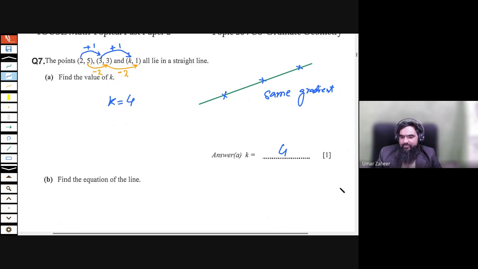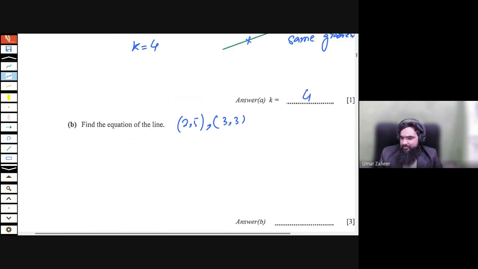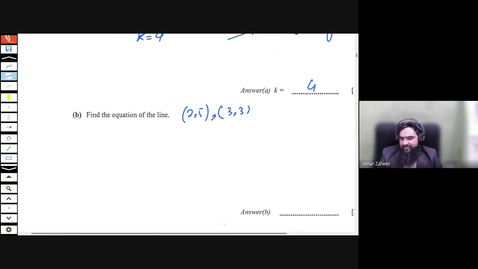Now he says that you have to find the equation of a line. For the equation of a line, you need any 2 points. So we have 3 points here. You can choose, let's say I choose (2, 5) and (3, 3). First of all, I need to find the gradient. So gradient will be equal to y2 minus y1 divided by x2 minus x1.